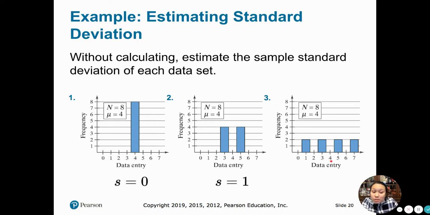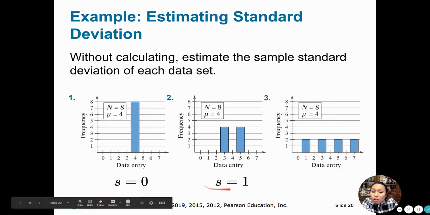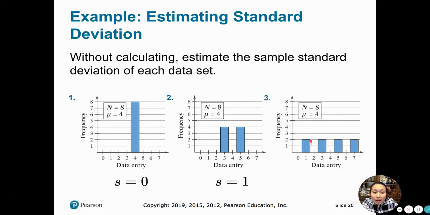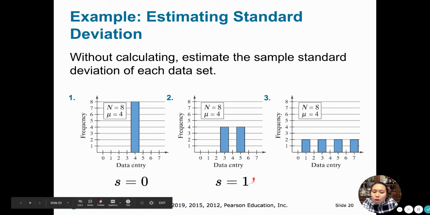All right, so this one's going to be a little bit larger than a standard deviation of 1 because I now have some entries that are all the way over at 1 and some entries that are all the way over at 7. So my data entries have become more spread out and further away from 4. So I should expect a larger standard deviation than 1.